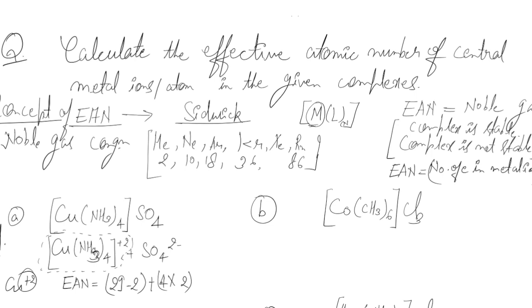That's how we solve the question. So this will be 27 plus 8, which is 35. So the effective atomic number is 35. EAN for this first question is 35. Now let's move to the second question.